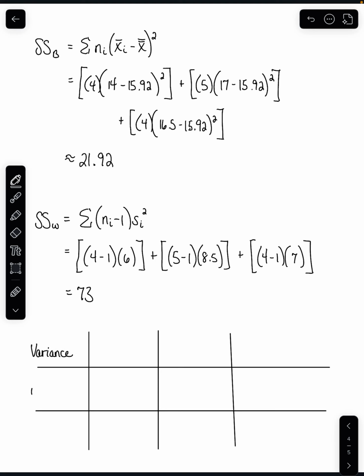So we have the variance between the samples and the variance within the samples. We're going to start out with the sum of squares. So the sum of squares between the samples was 21.92. And the sum of squares within the samples was 73.